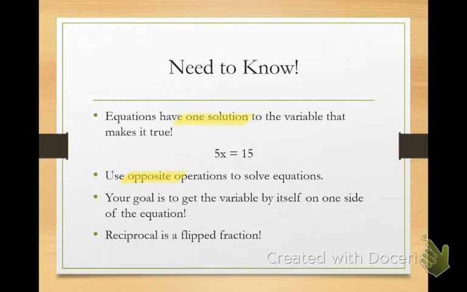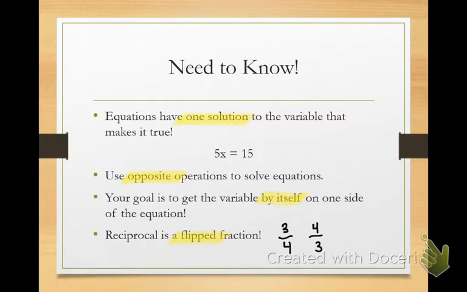All right, so we're still going to use our opposite operations to solve equations. And your goal is to get the variable by itself on one side of the equation. Do you guys remember what a reciprocal is? I think you learned this before my class. Let's write an example. If I had 3/4, the reciprocal of that would be 4/3.